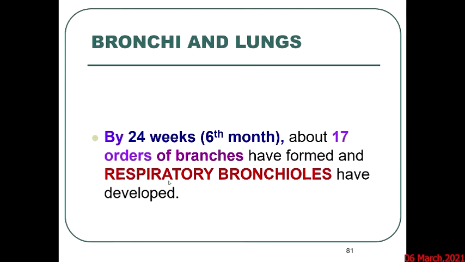So the segmental bronchi, by 24 weeks, will give rise to 17 orders of branches, মানে একটা থেকে দুইটা, দুইটা থেকে তিনটা. When 17 orders of branches have formed, respiratory bronchioles have developed.